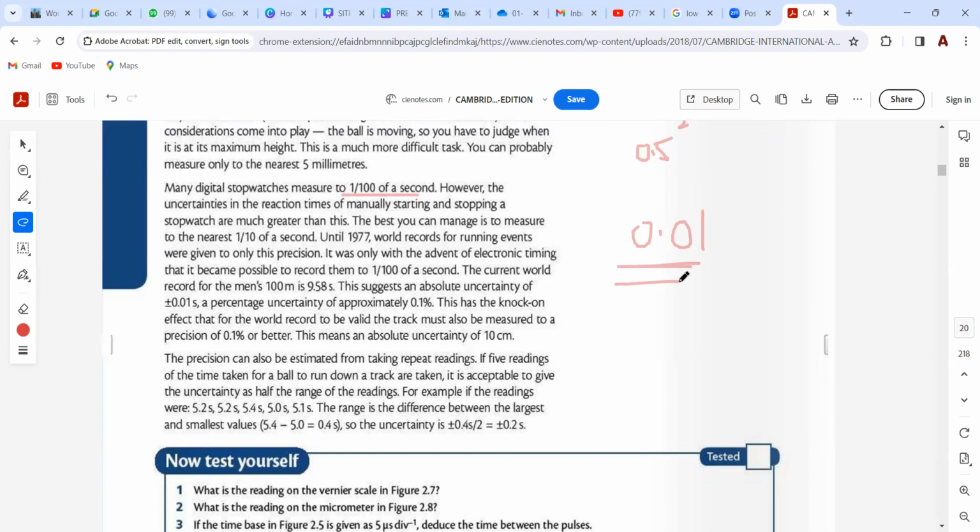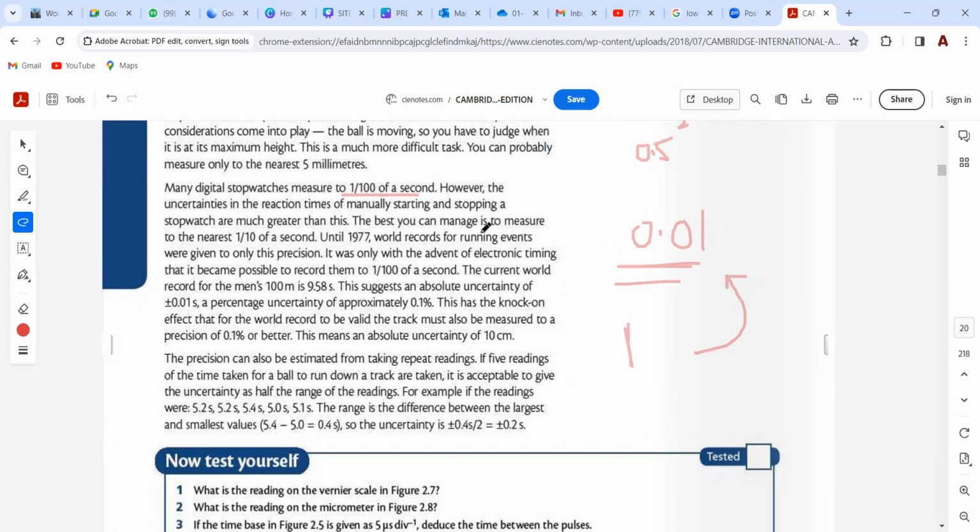But uncertainties, they're greater because देखो reaction time है ना when you switch on and off a stopwatch, seconds change so quickly that there is a very high chance that when you're stopping a stopwatch, you might skip 1 or 2 seconds. अब 1 second में और 0.01 second में there's a huge gap.